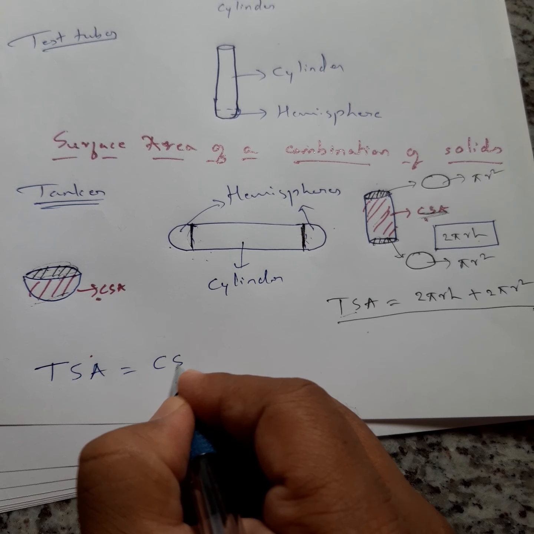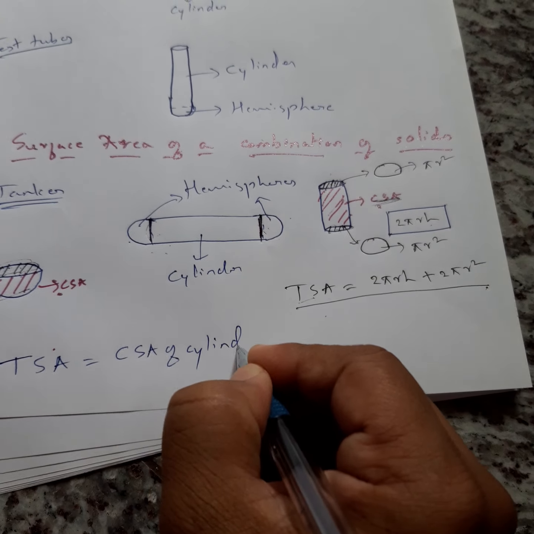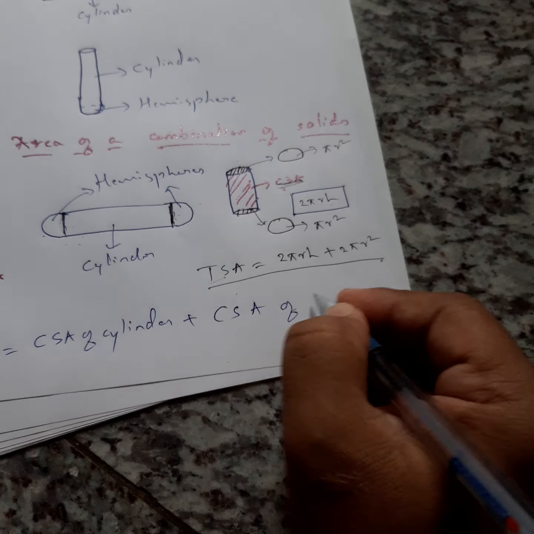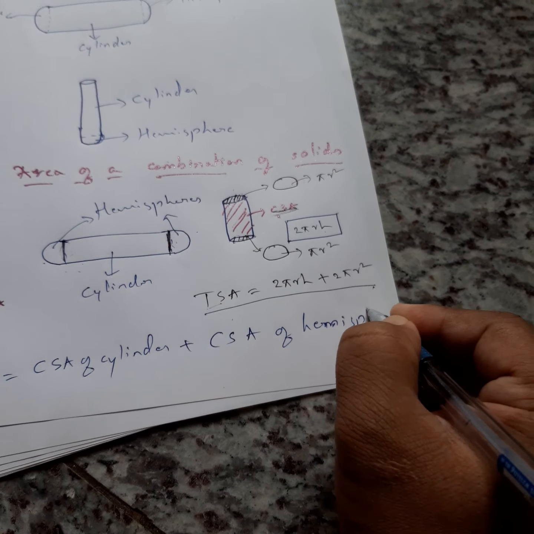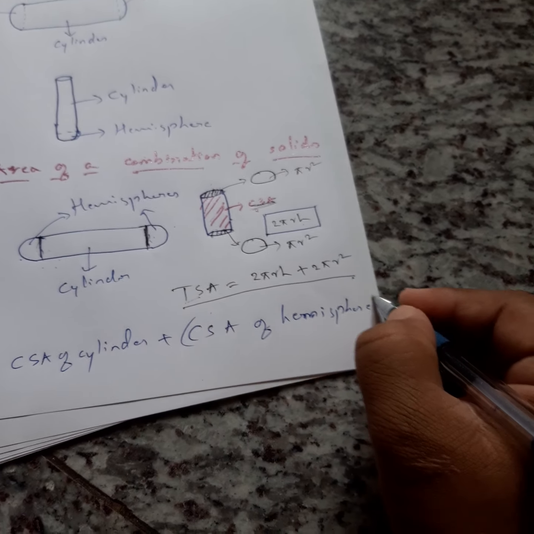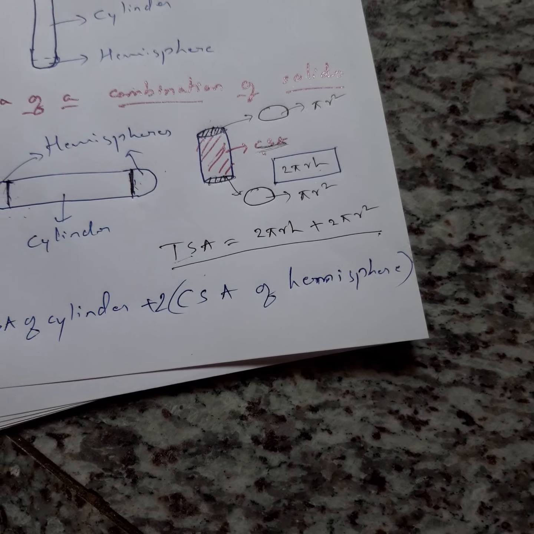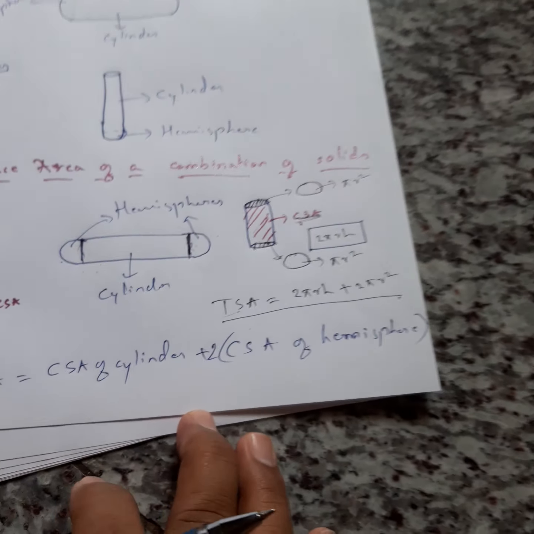So curved surface area of cylinder plus curved surface area of hemisphere into 2, because there are two hemispheres. So this is important in this concept.